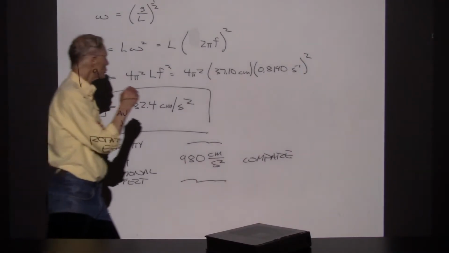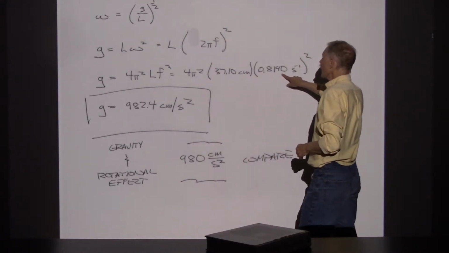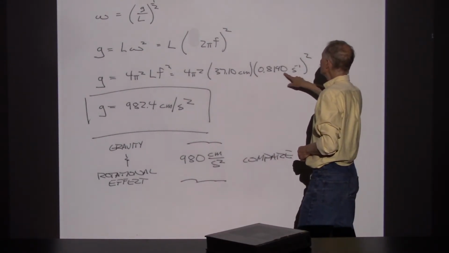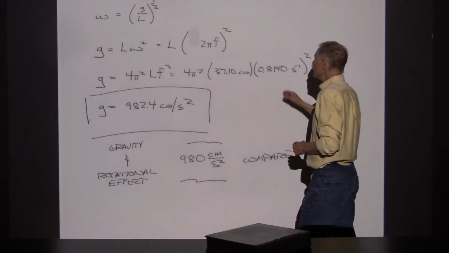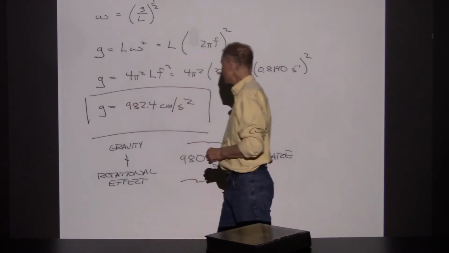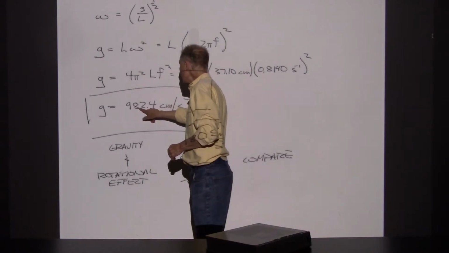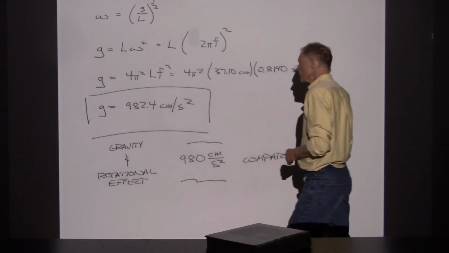That's hard to do. We'll talk about that a bit. And then the frequency was measured to be 0.8190 per second. Now, putting all those numbers together, we ended up with a gravitational acceleration of 982.4 centimeters per second squared.